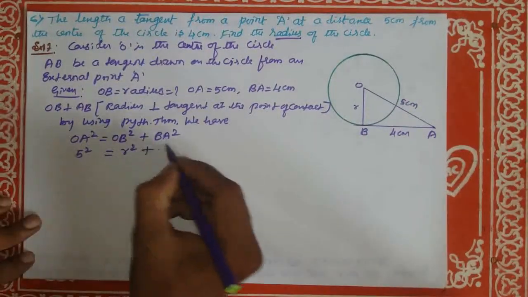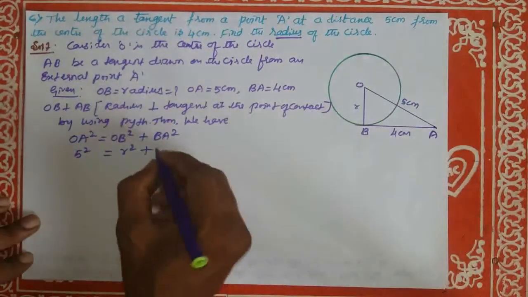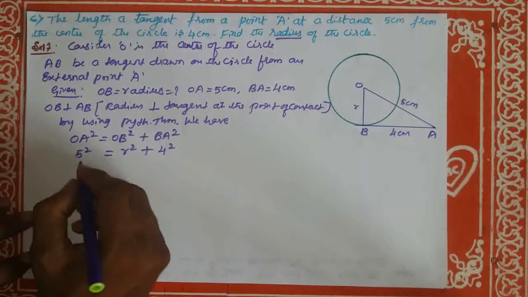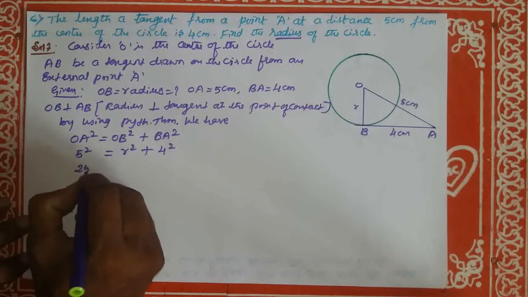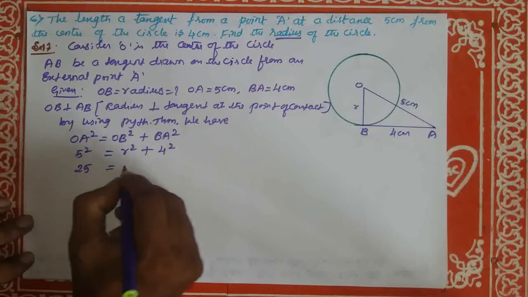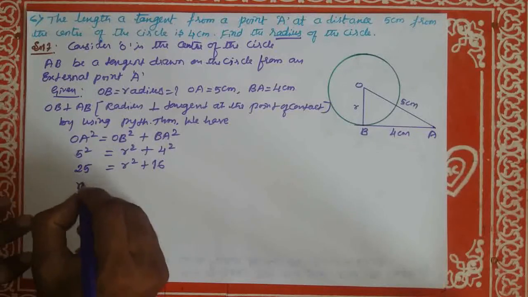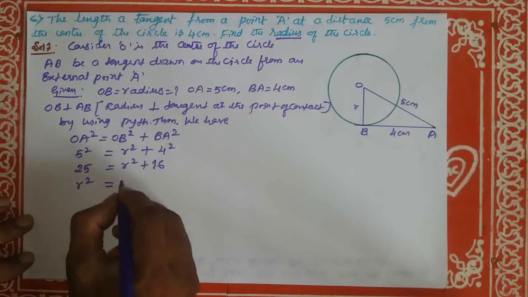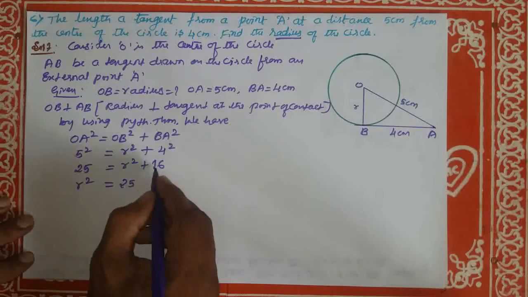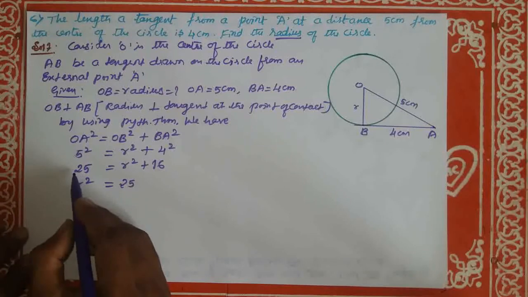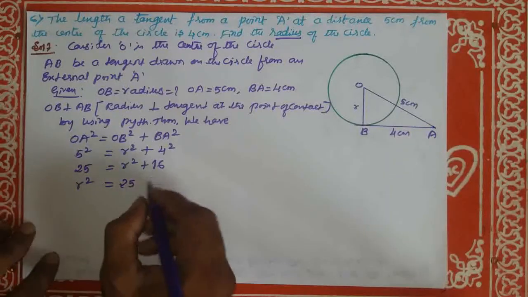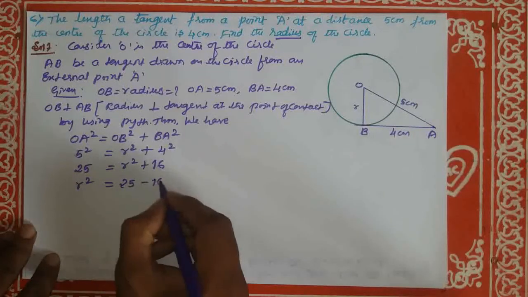R square plus BA, which is 4 square. 5 square is 25, equal to R square plus 4 square, which is 16. So it can be written as R square is equal to 25 minus 16, since we take it to the LHS and the sign will be minus.